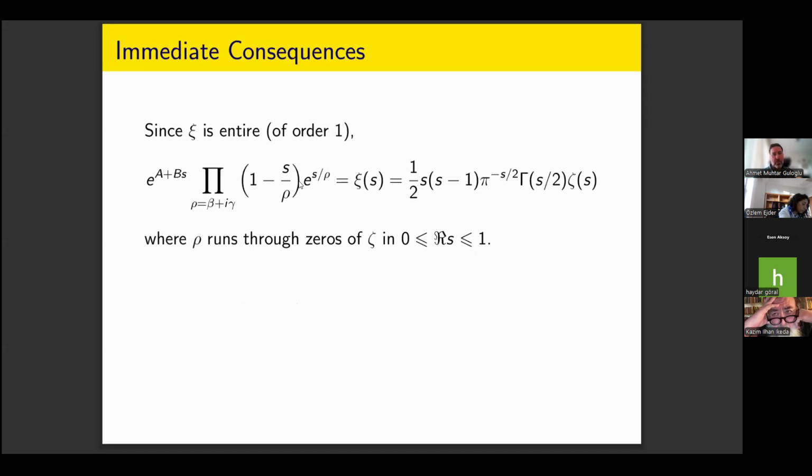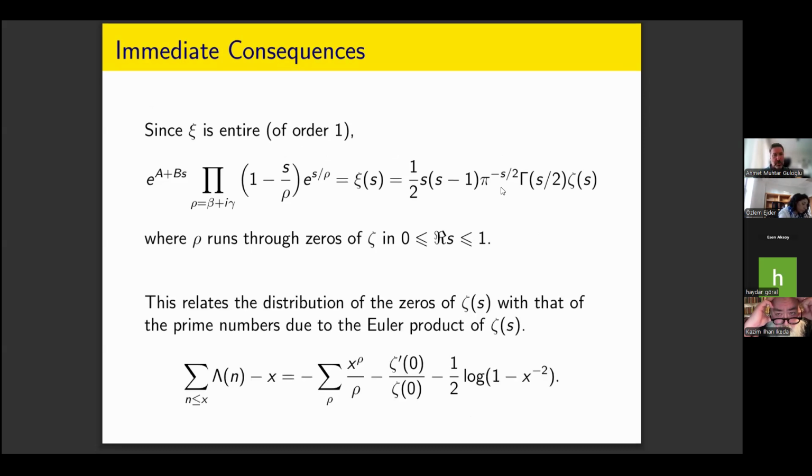So these zeros I'm talking about are the non-trivial zeros of zeta. There are also zeros of zeta coming from the poles of gamma on real s less than zero. These are called the trivial zeros. All right. So you can read all this information from here. Another thing you get directly from this relation by taking the logarithmic derivative of both sides is this relation.